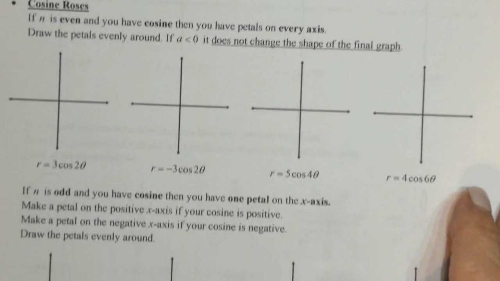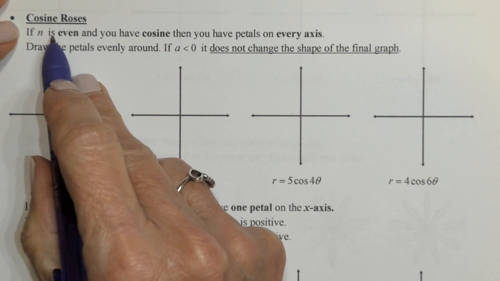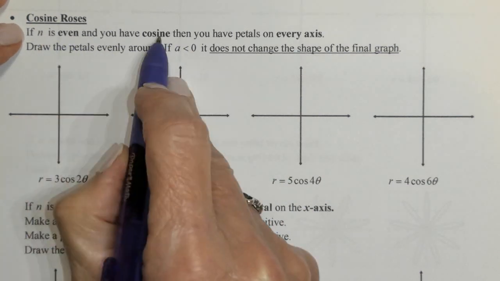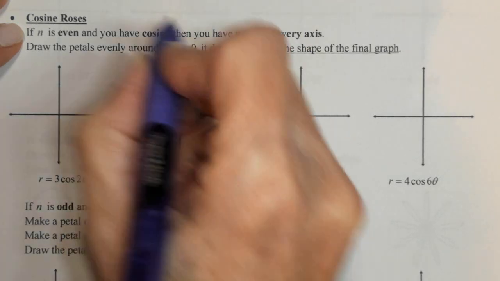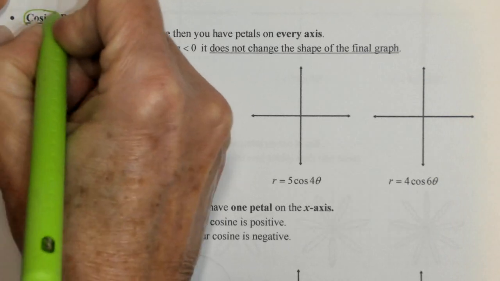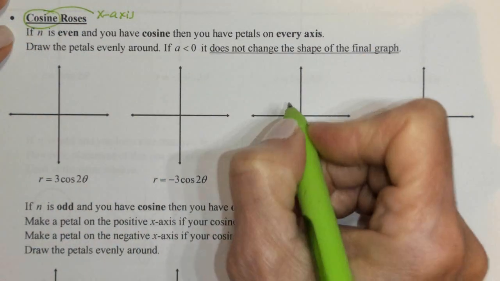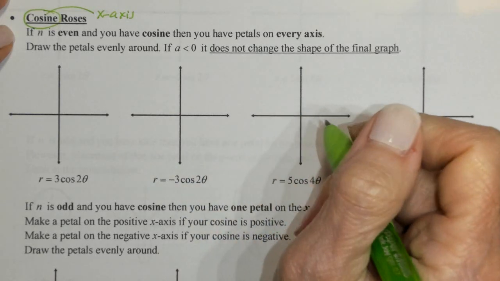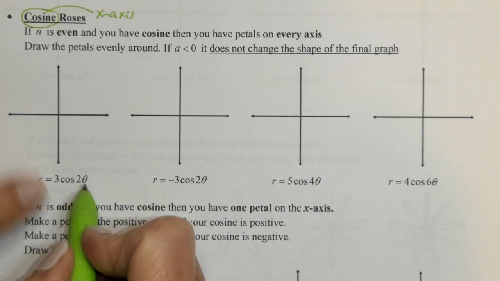All right, for the cosine roses. Cosine roses, if n is even, and you have cosine, then you're going to have petals on every axis. So when I think of cosine, I know I'm going to involve the x-axis. So cosine with even petals like this one.